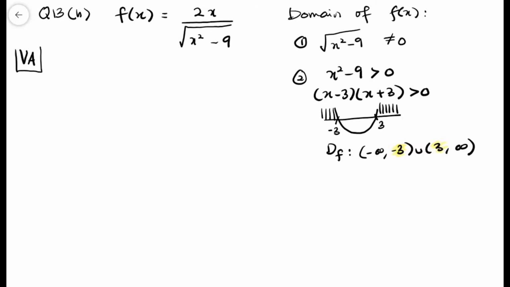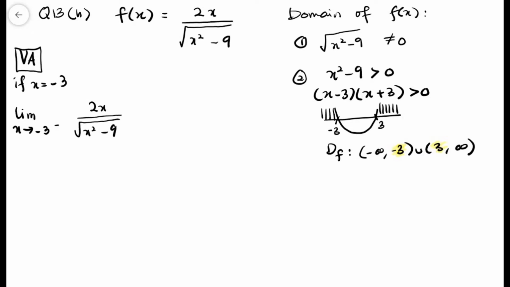Vertical asymptote. So we have two values here. The first one, x equals negative 3, we find the limit. We're going to find the limit as x approaches negative 3 from the left. So the function here is 2x over the square root of x squared minus 9.